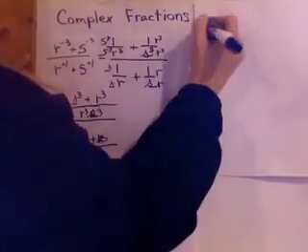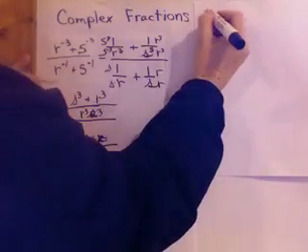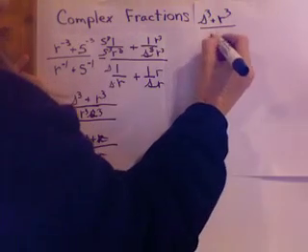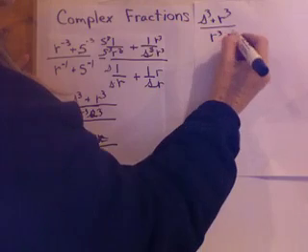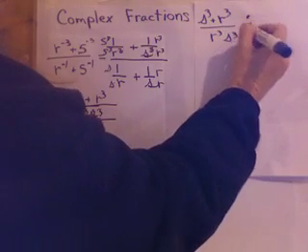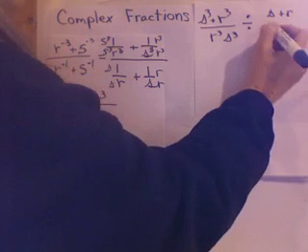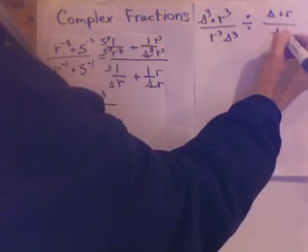So now I have s to the third plus r to the third all over r third, s third, divided by s plus r over sr.